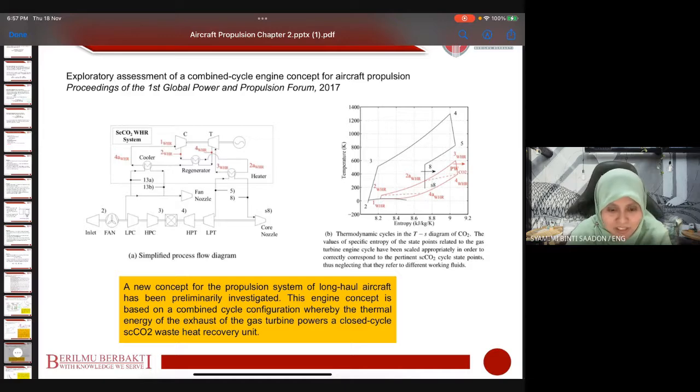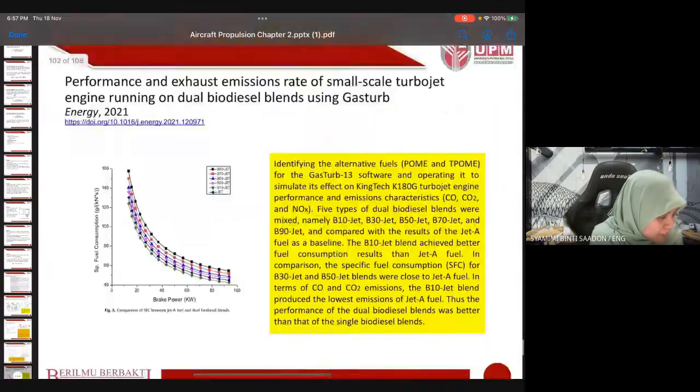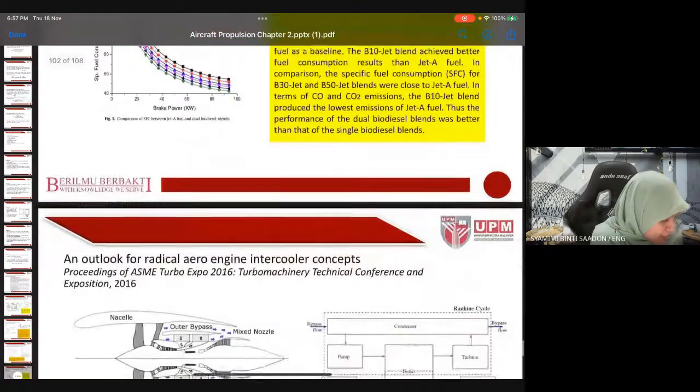They recuperate the waste heat from the exhaust, and this heat will be transferred within the heater of the supercritical CO2, and this CO2 cycle will produce power.